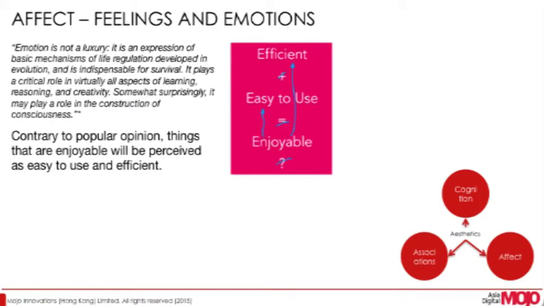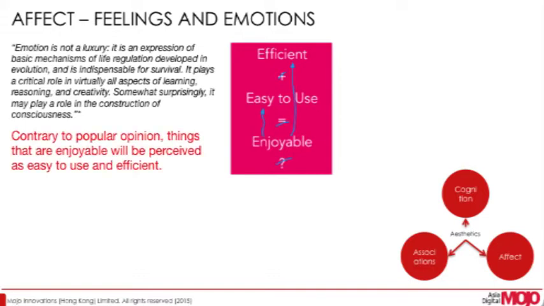The next is affect, feelings and emotions. Emotion is not a luxury. It is an expression of basic mechanisms of life regulation developed in evolution and is indispensable for survival.